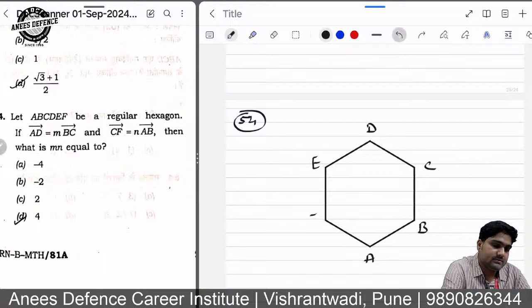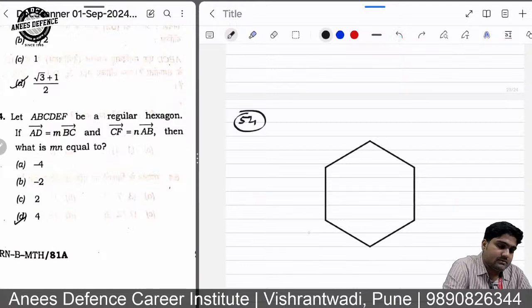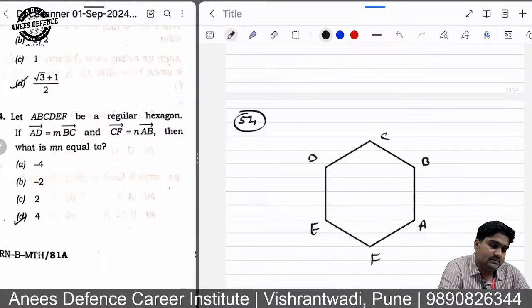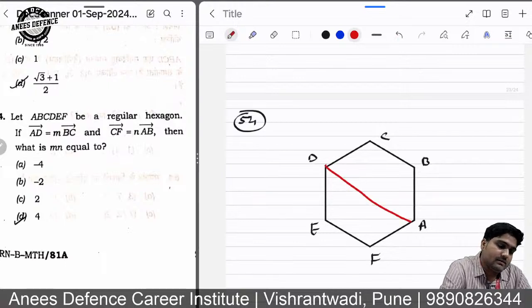Let's change the vertex names: this one is A, B, C, D, E, F. So AD is given as M times BC. Draw a line from A to D.